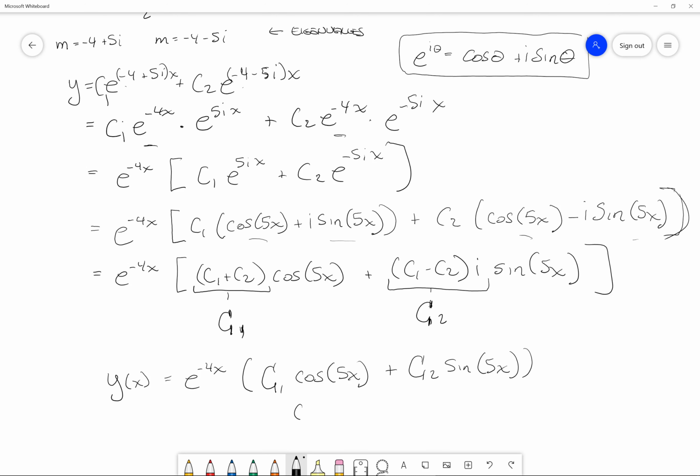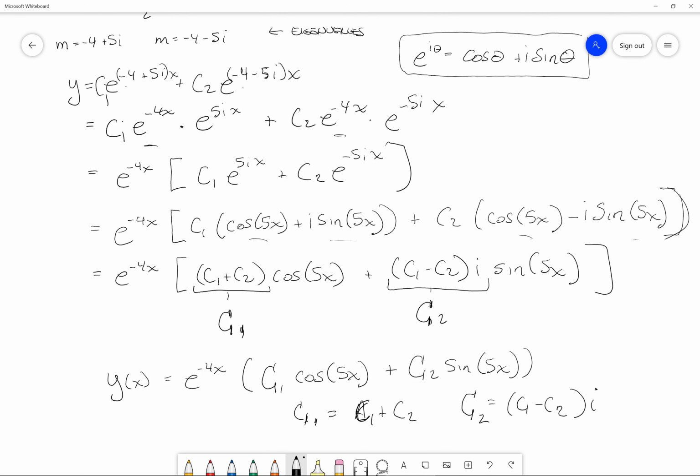However, this fancy c1 is little c1 plus little c2, and the fancy c2 is complex. So this is little c1 minus little c2 times i, the fancy c2.